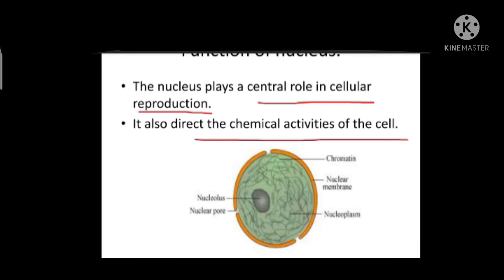All these can be directed by the nucleus. So the nucleus will be directing all the chemical activities that are taking place inside the cell, so that it determines how the cell should develop and which type of cell it should become. That is decided by the nucleus.